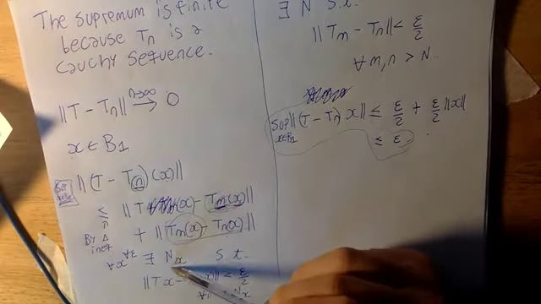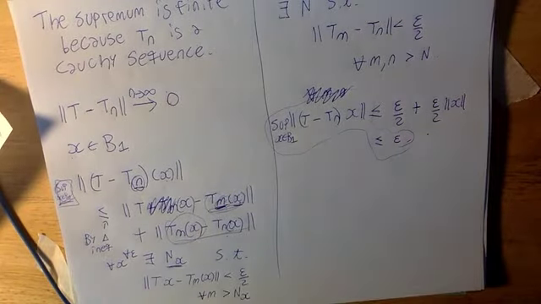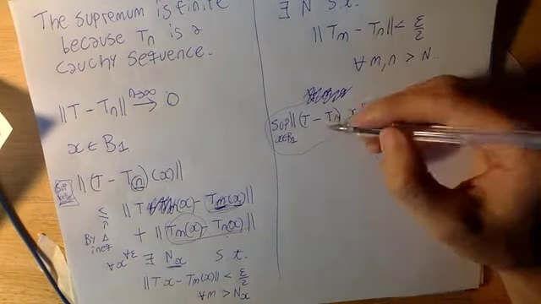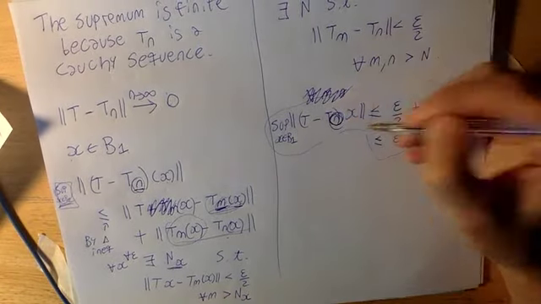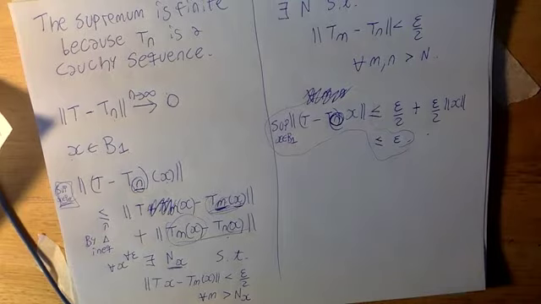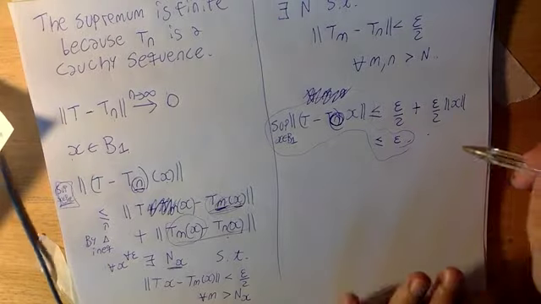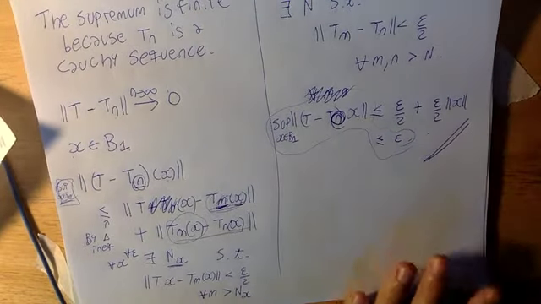The only thing I have to choose is this m larger than n of x, but it's not affecting the choice of the little n. I hope I made that clear. So that's how we finish that proof.